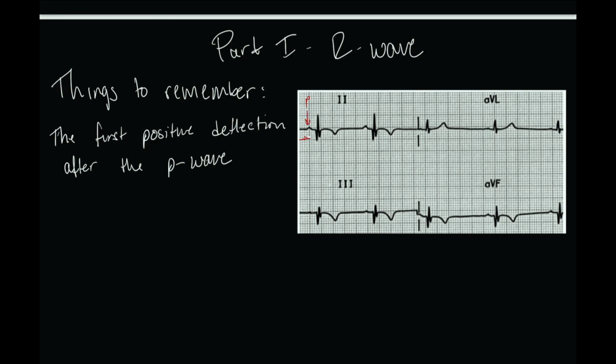We move to the right and the first thing we see is this negative deflection. That's our Q wave. But then we see this positive deflection, which is our R wave. And if we come to the next complex in lead 2, we see the P, we see another Q, and we see another R. If we move over to AVL, we see a P and an R. Remember, we said there was no Q wave because there's nothing dipping below that baseline. Correction, there's nothing dipping below the baseline before the R wave.